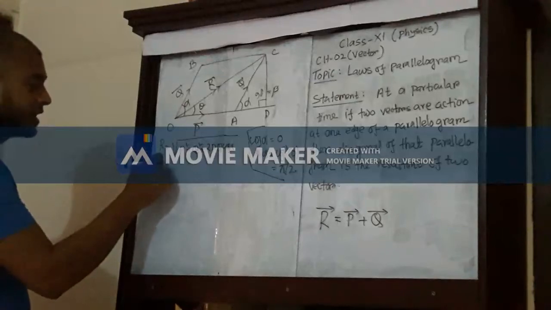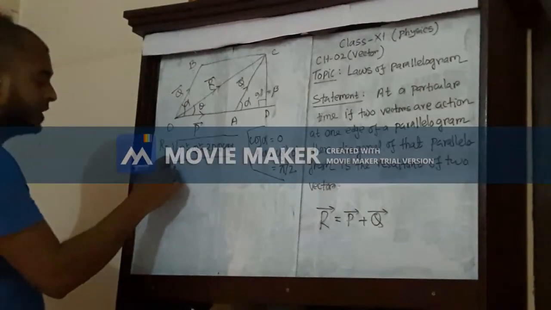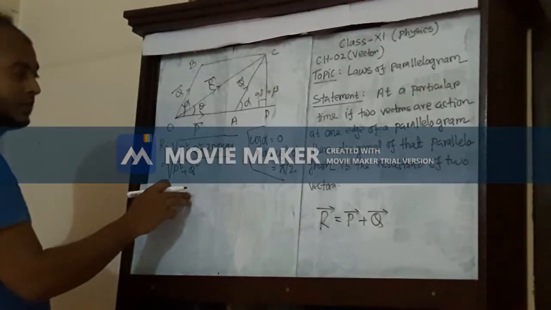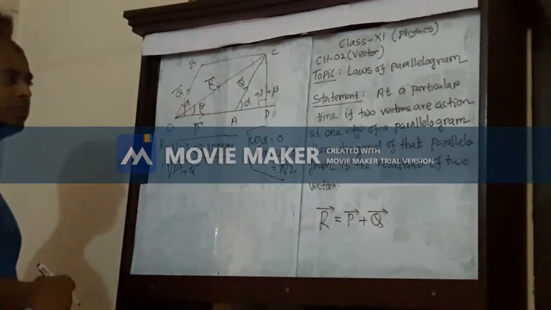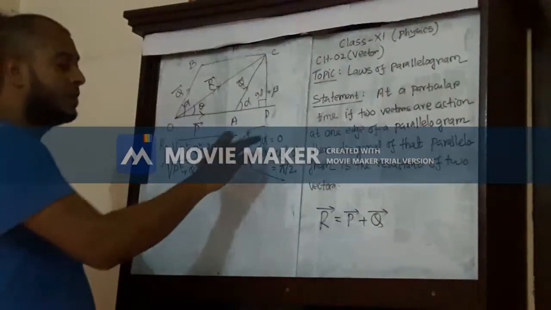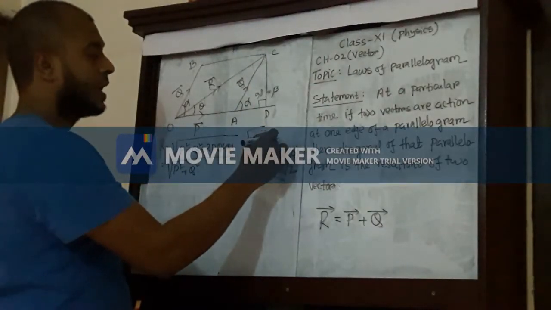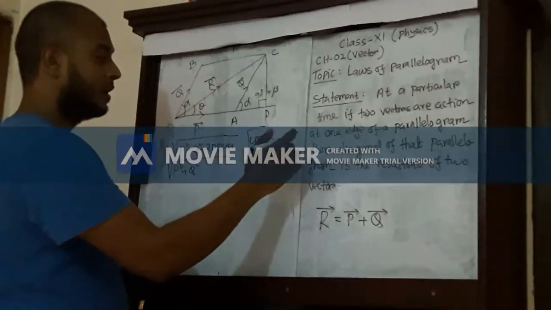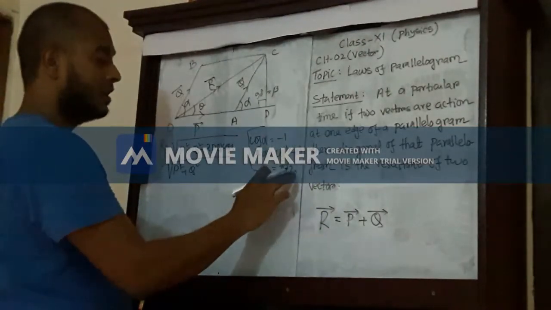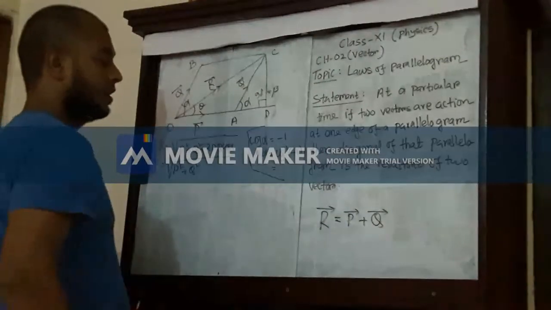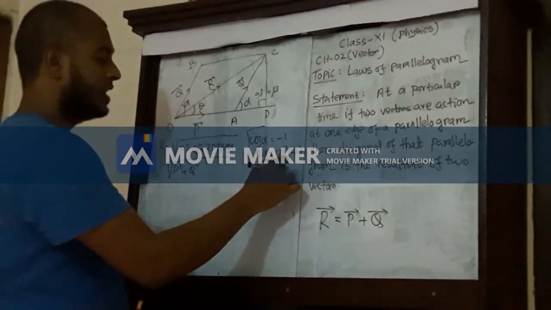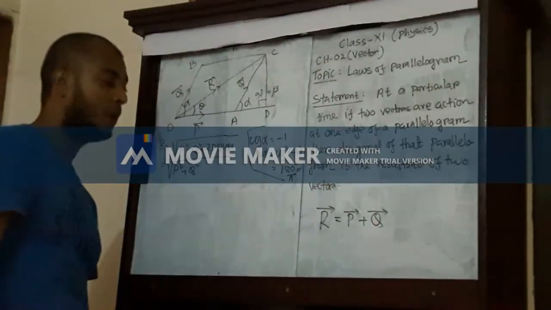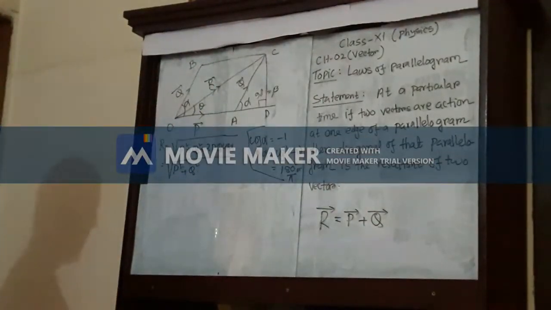Now I can say that root over P square plus Q square, then no, the minimum value is not 0. The minimum value is minus 1. So if you consider this minus 1, that is 180 degree or pi. 180 degree or pi.